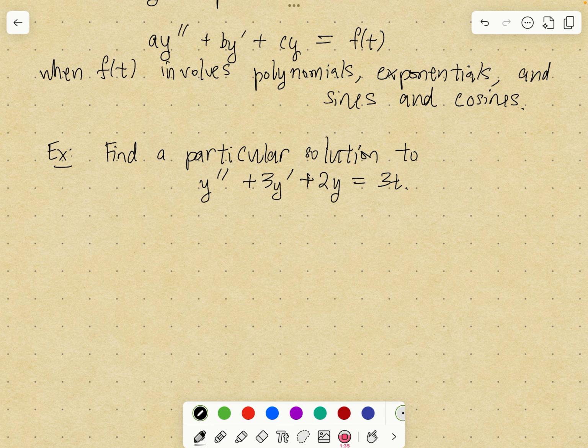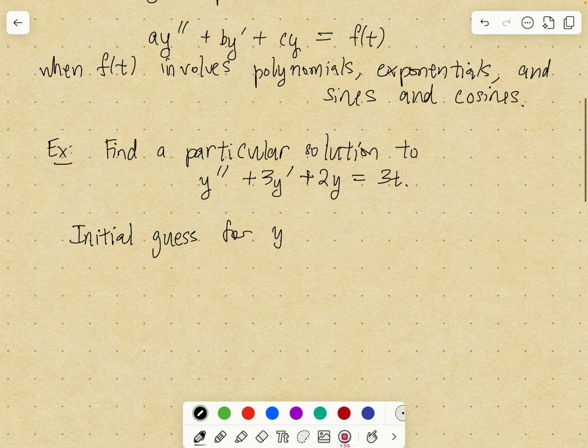Basically we want to guess what a particular solution is going to look like. Our initial guess for yp, when you have a polynomial like this on the right, should just be a polynomial of that degree.